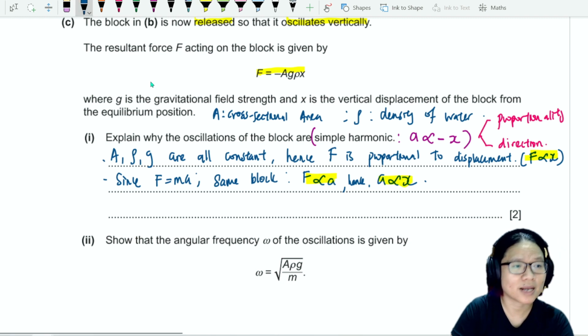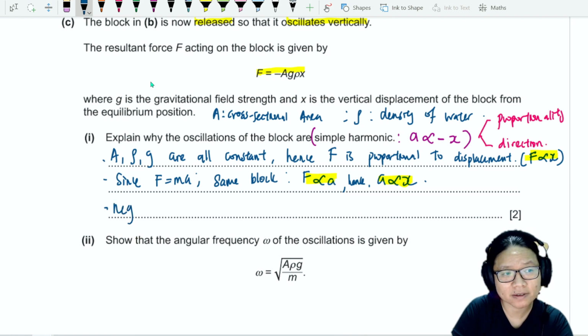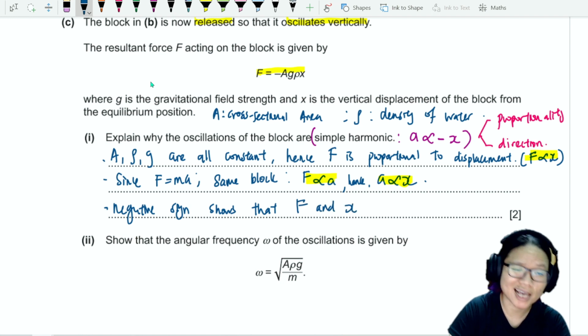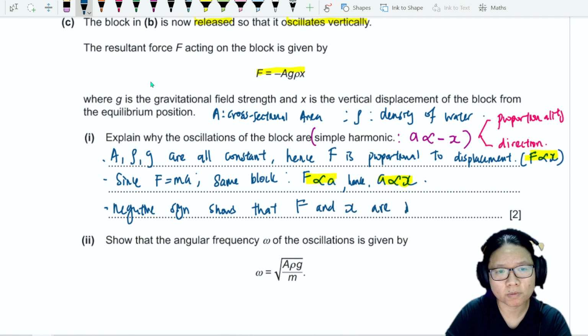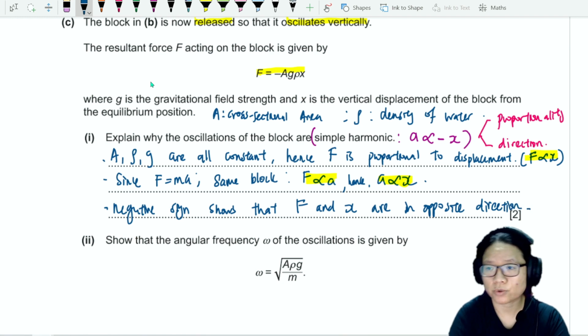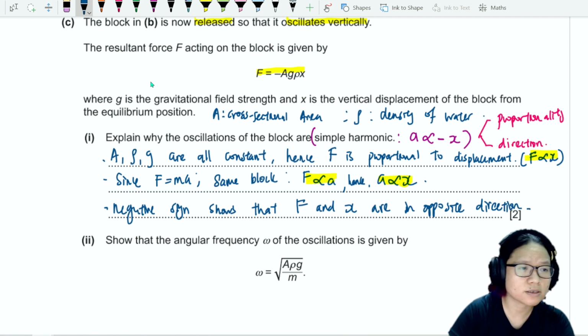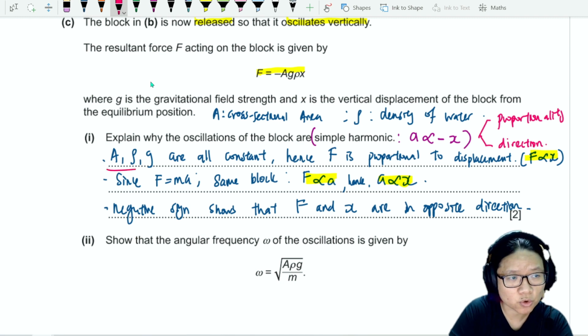Last part, we need to talk about the direction, which is shown by the negative sign. The negative sign shows that F and x, or you can say a and x, are in opposite directions. For the 2 marks here, 1 mark is when you mention A, rho, and g are constant, and F is proportional to displacement.